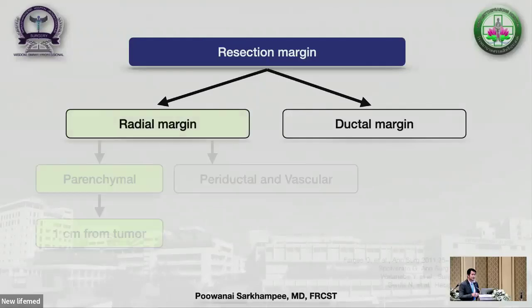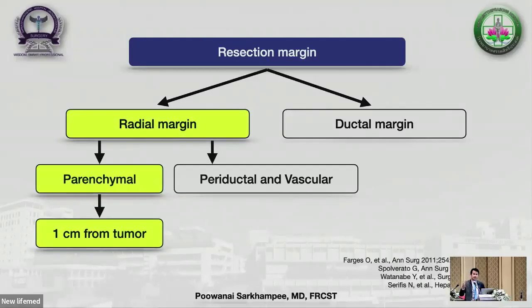For radial margins, Dr. Wirit said in the morning, according to my knowledge, there is no paper or literature that talks about the parenchymal margin in peripheral cholangiocarcinoma. Therefore, we use the intrahepatic cholangiocarcinoma data to assume that if you perform liver resection in peripheral cholangiocarcinoma, 1 centimeter from the tumor is adequate for surgery.